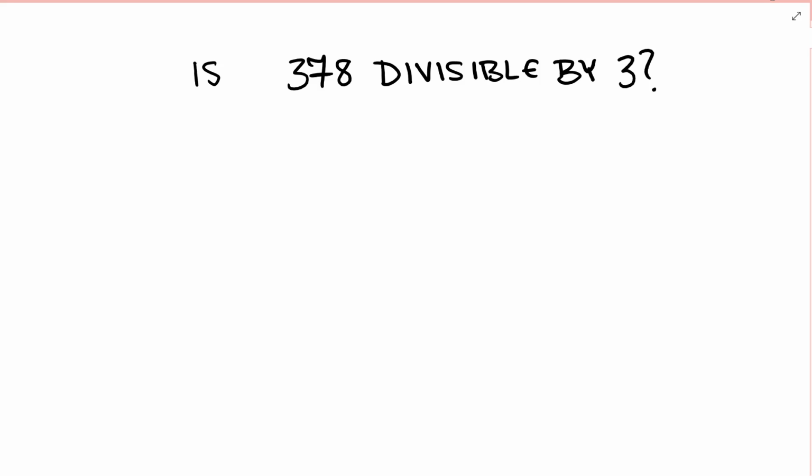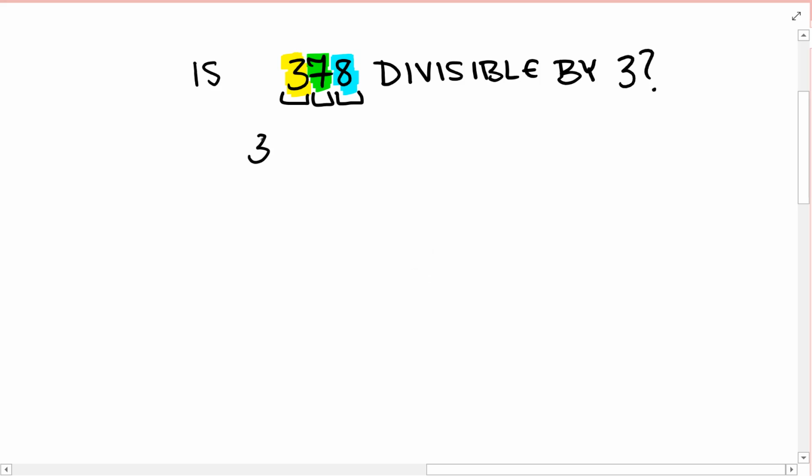So is 378 divisible by 3? 378 has 3 digits here, a 3, a 7, and an 8. And to test divisibility by 3, the sum of these digits must be a number that is divisible by 3. So 3 plus 7 plus 8, that is 18.